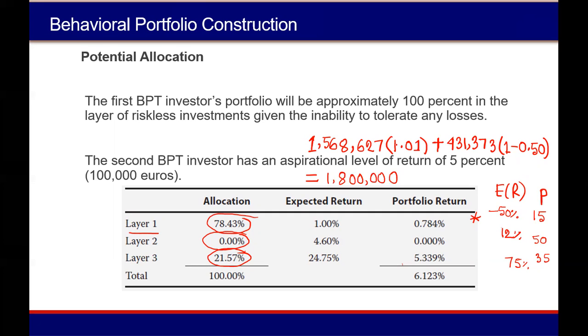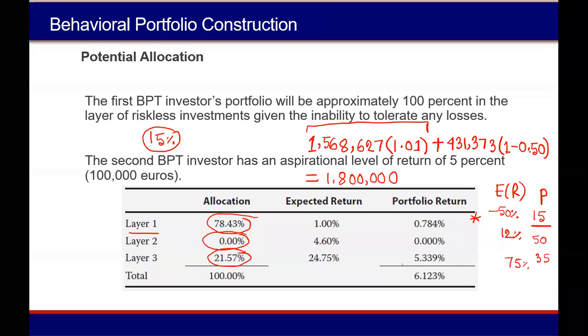Now it is one case that he has a 15% probability that his portfolio will result in this amount of wealth. What is the probability? 15%. And there is no question about the probability of this part. This is completely certain.